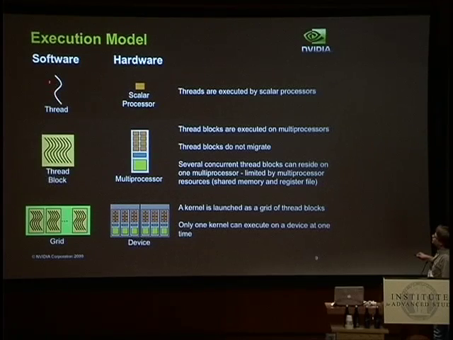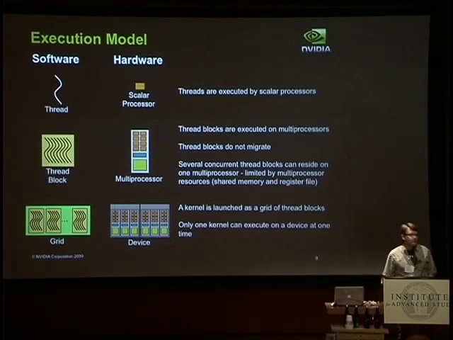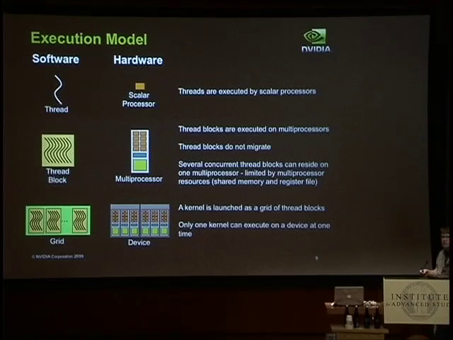Threads are executed by scalar processors, and thread blocks are executed on these multiprocessors. I told you 2 lectures ago that you shouldn't count on a block running on the same multiprocessor. I subsequently have learned they're not migrating them, but I have heard talks from the CUDA engineers where they say they can freely move them around.